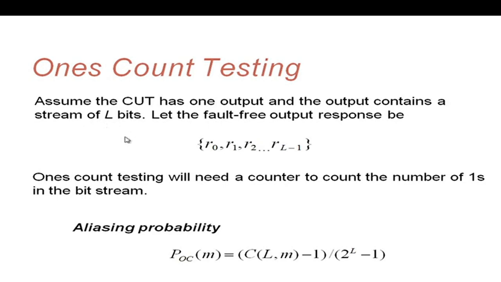Another method is that in the circuit, if we can count the number of ones, and there are 100 ones, and the fault has made 101 ones, then the fault is detected. But there may be error in this type of detection due to the aliasing effect.